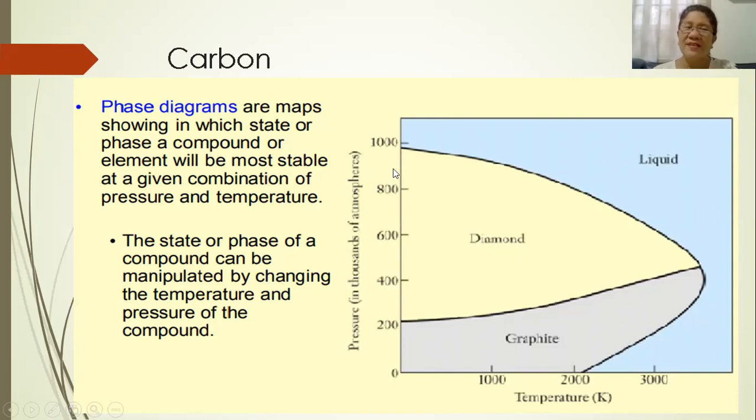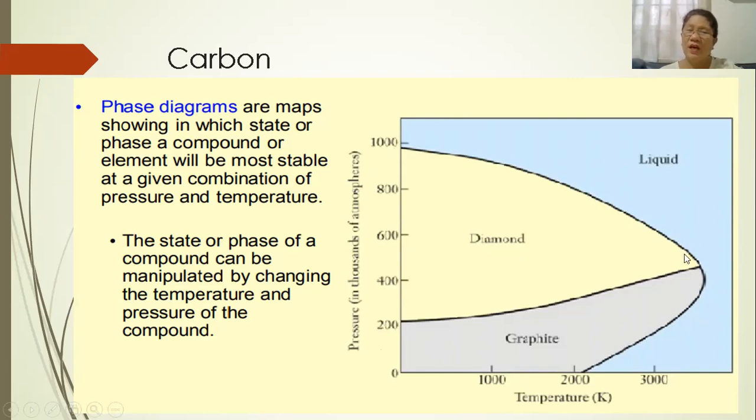So this is the phase diagram showing in which state of the phase a compound will be stable. Graphite will be stable at this portion here, while diamond will be stable at this portion here.